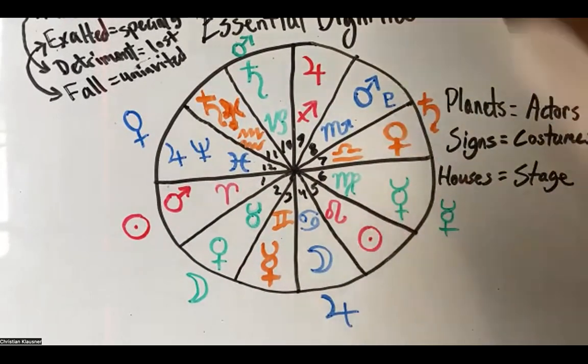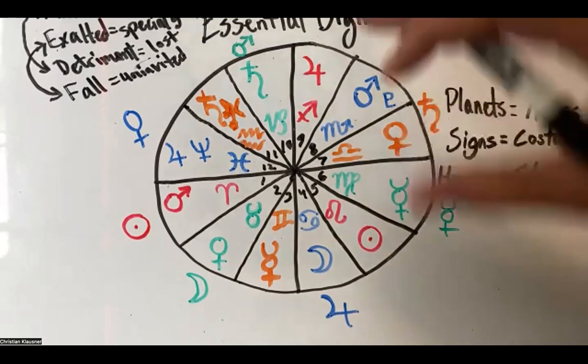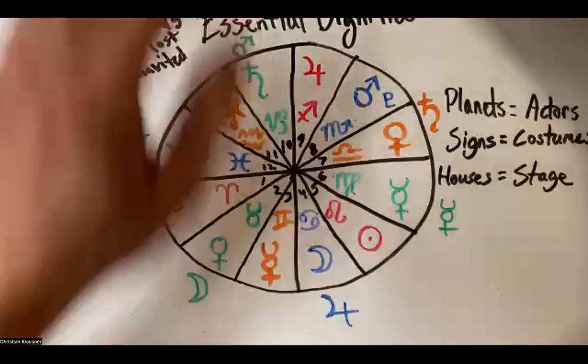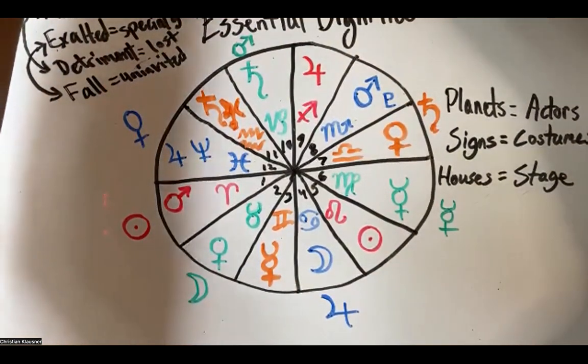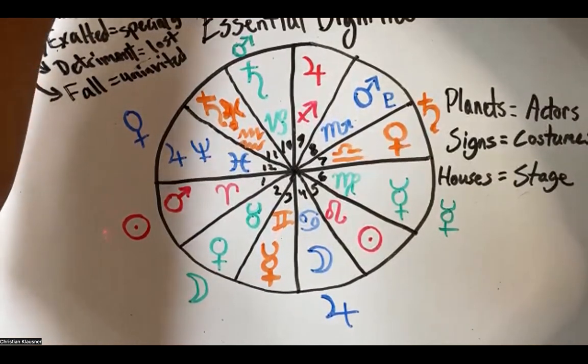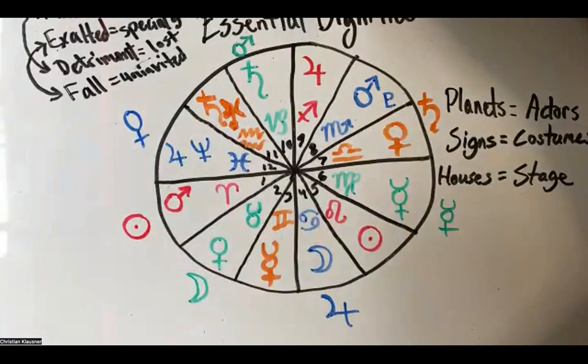Okay, so now we're going to explain the fall position of these planets, and this is what pieces in all the meanings for you together. I'm looking for a specific table here, the table of essential dignities by Ptolemy.